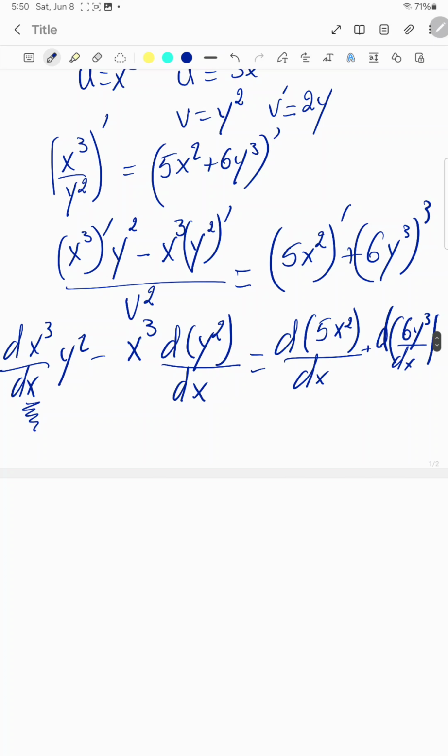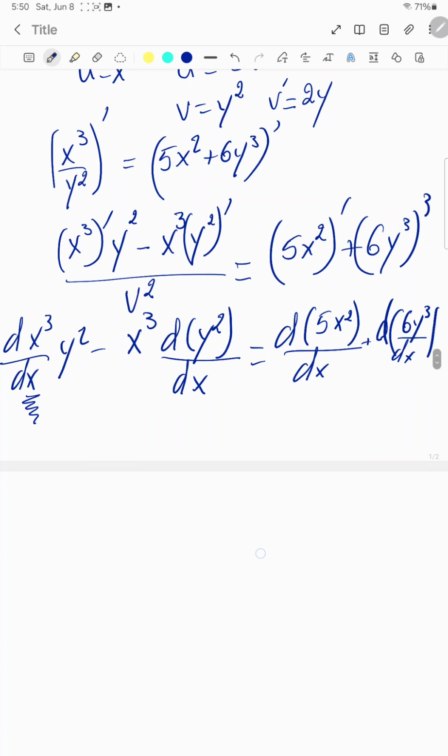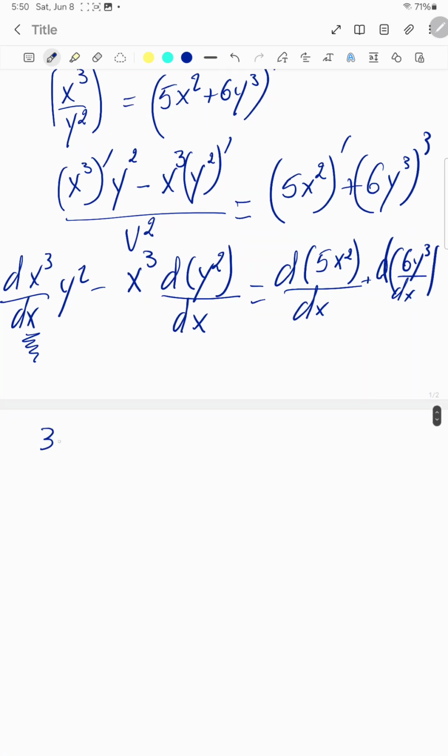Yeah? So when I'm deriving according to x, and I have x in my numerator, it's easy. That becomes 3x squared y squared minus x cubed and dy to the power of 2 divided by dx. And here, I want to multiply by 1, knowing that 1 is a neutral element of multiplication. So if I multiply anything by 1, I don't change it, like 100 times 1 is 100, and 1 billion times 1 is 1 billion.